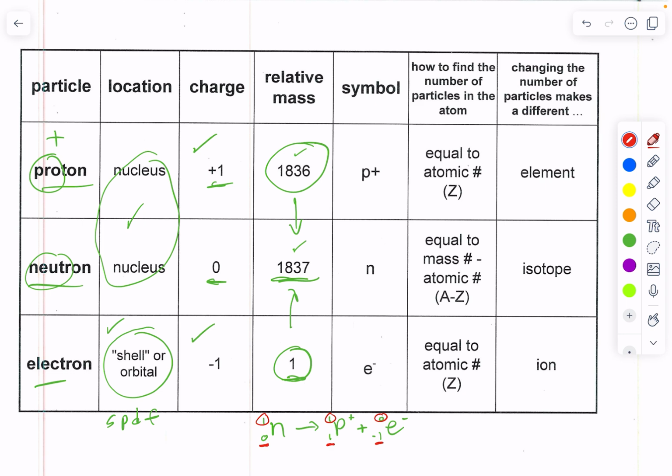Now, you might ask, how long does it take for a neutron to turn into a proton and an electron? And the answer depends upon where the neutron is. If the neutron is a free neutron, by that we mean it's outside of the nucleus, that neutron can last in that unconnected state between 10 to 15 minutes.